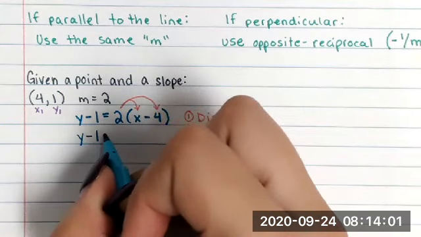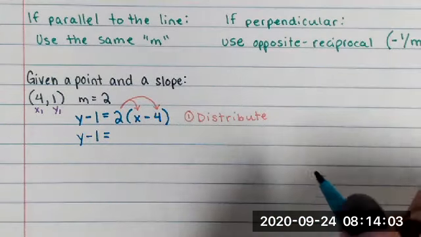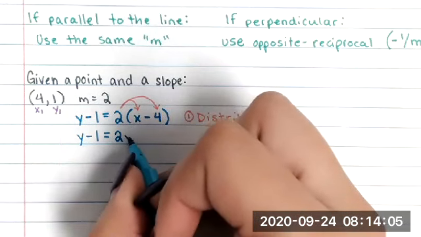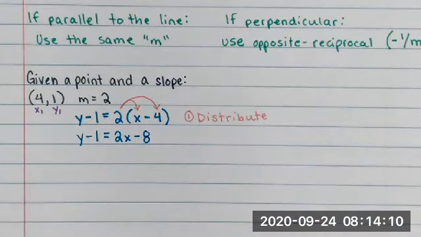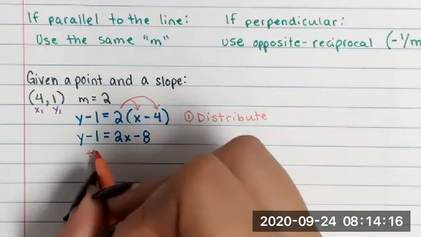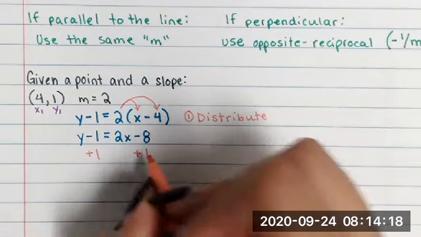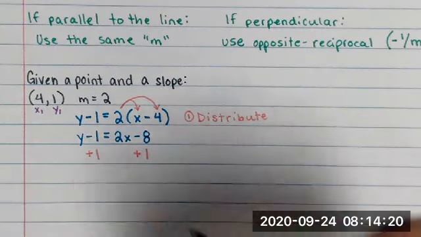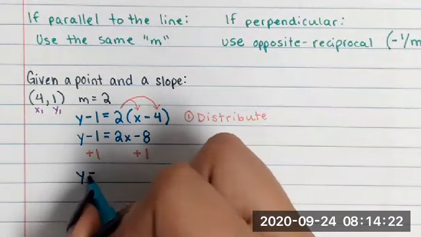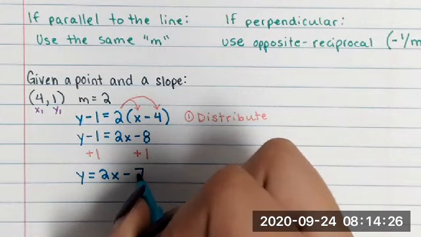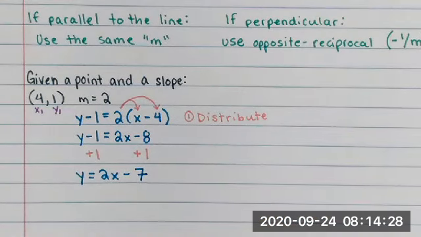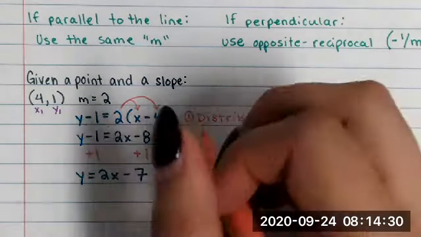So I still have y minus 1 on this side, but on the other side, I now have 2x minus 8. Now I can go ahead and add that 1 over, leaving me with y equals 2x minus 7.